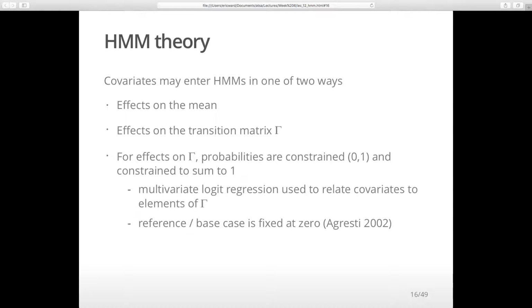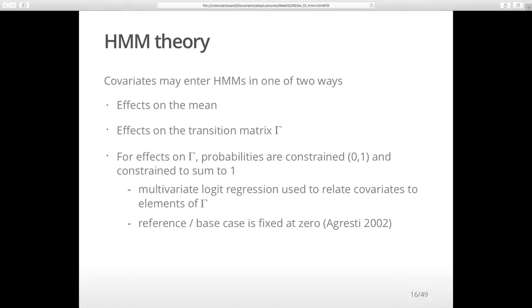So if we're going to include covariates here, we need to do some kind of transformation so that we preserve those properties and also include covariates. One of the most common approaches is multivariate logistic or logit regression, which can be used to relate those covariates to elements of the transition probabilities in this transformed space.